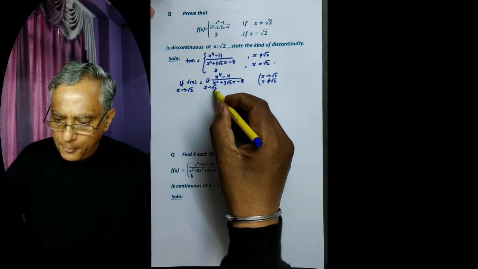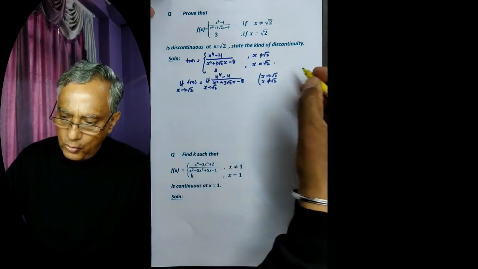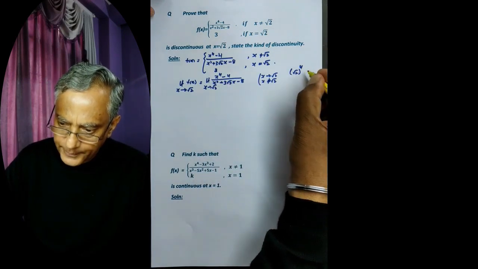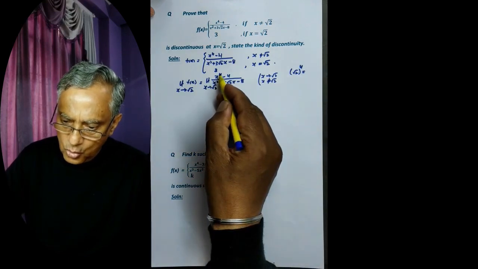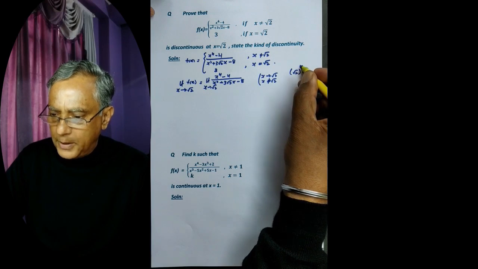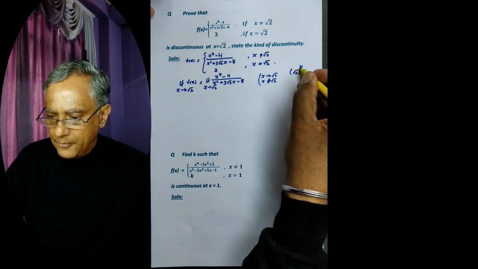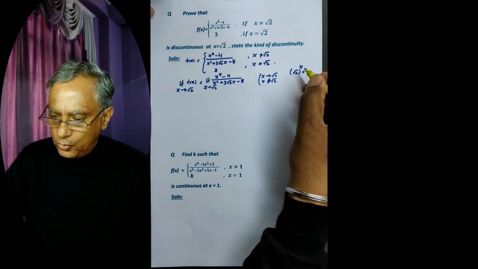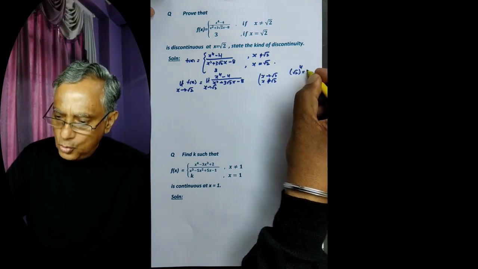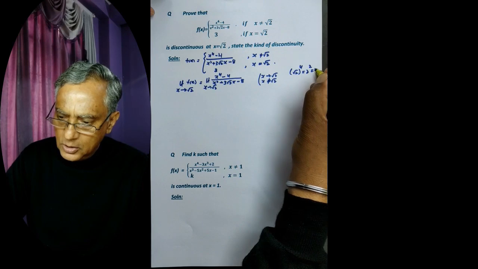Now when we put x equal to root 2 here, what we observe is root 2 to the power of 4. This is equal to 2 to the power of half, to the power of 4. So powers will multiply. So we will have 2 to the power of half into 4, that is 2 to the power of 2, that is 4.